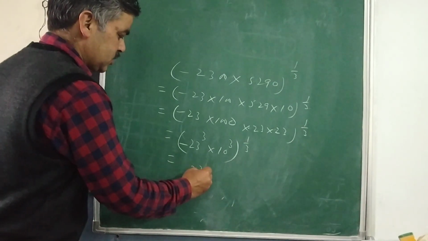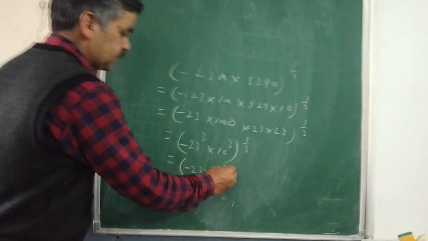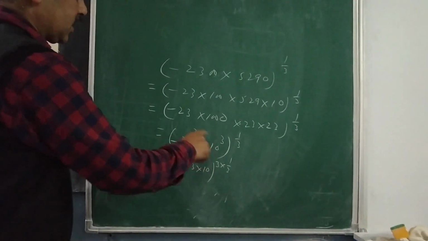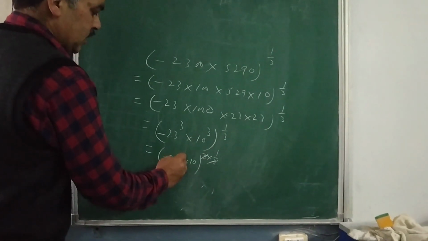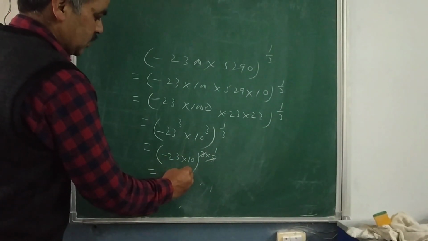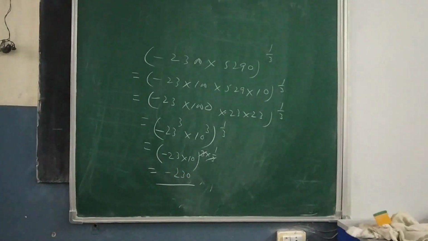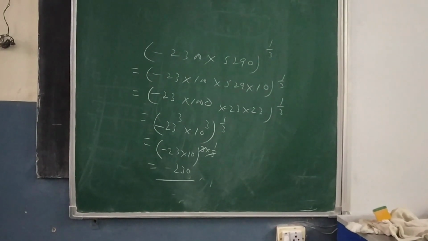So minus 23 into 10, whole cube into 1 by 3. The power is common, so I can write it only once, and 3 and 3 you can cancel. Minus 23 into 10, that is equal to minus 230. So in that way you can write the answer for the 11th part of your exercise 7.2.